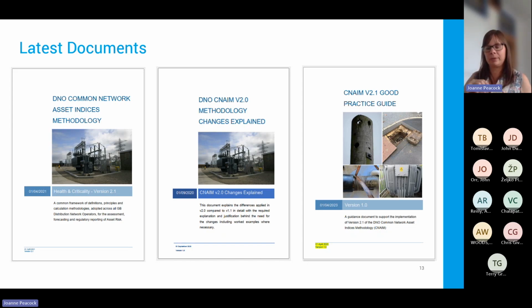So it goes through all of the different assets, and it says that if you've recorded this asset as, say, severe deterioration, then this is an example picture of an asset with severe deterioration, and it points out the relevant bits as to why that is severe and not a different condition rating. So it's a really important document, and there's lots more information in there about how to fill in and populate those data points.